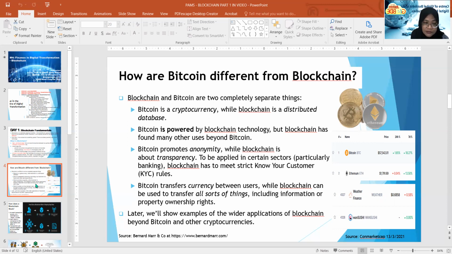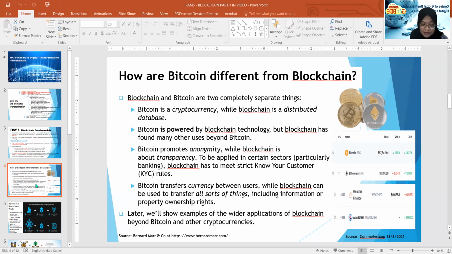So in short, the slide provides us with the main differences separating Bitcoin from blockchain. First, Bitcoin is a cryptocurrency, a digital currency, while blockchain is a distributed database. Second, Bitcoin is powered by blockchain technology, but blockchain has found many users beyond Bitcoin. Third, Bitcoin promotes anonymity, while blockchain is about transparency.